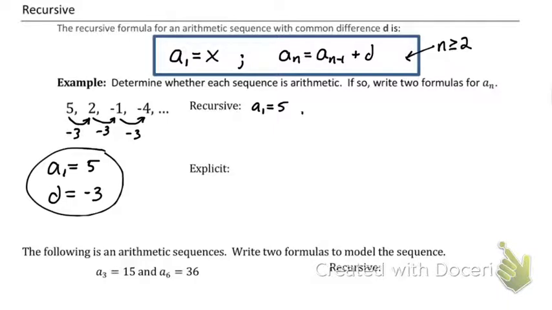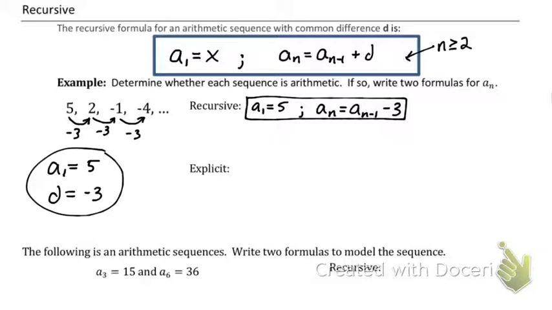Now is where we actually write our formula. So our formula is going to be a sub n equals a sub n minus 1. So the only thing we're adding on is the negative 3. So it'd be minus 3. So our job in the recursive formula is really to figure out what our first term is and what this d value is.